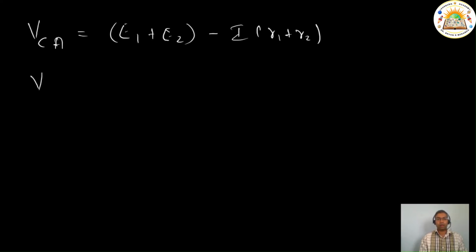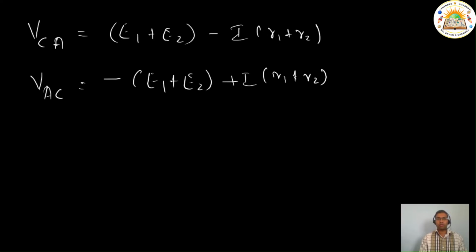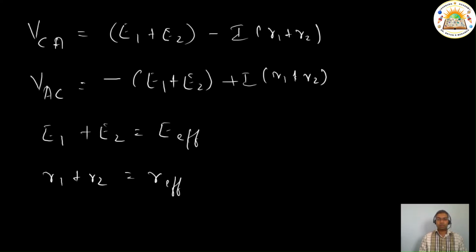So I have only changed the potential. So from A to C when I am measuring, I will have minus E1 plus E2, whereas from C to A when I am measuring, it becomes minus I of R1 plus R2. So here I can simply write E1 plus E2 as the effective EMF, and R1 plus R2 is the effective resistance.